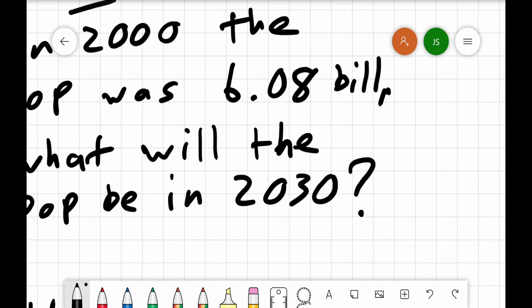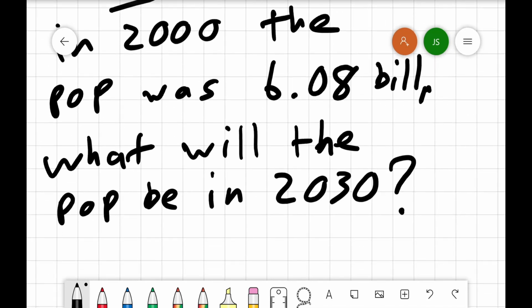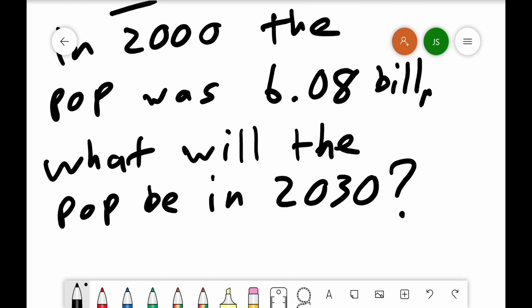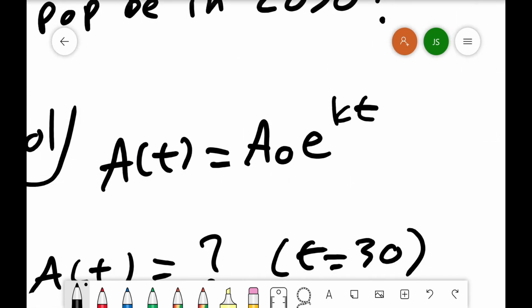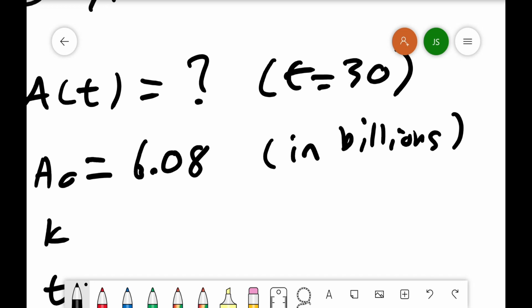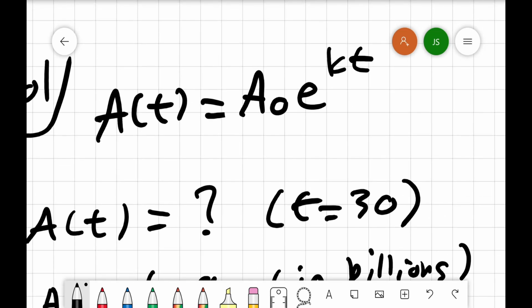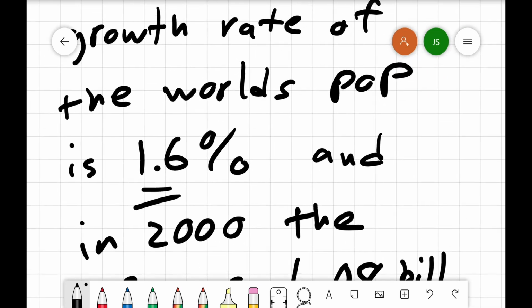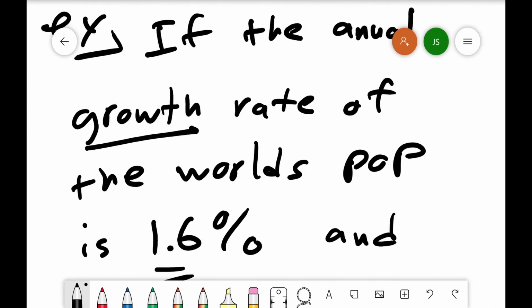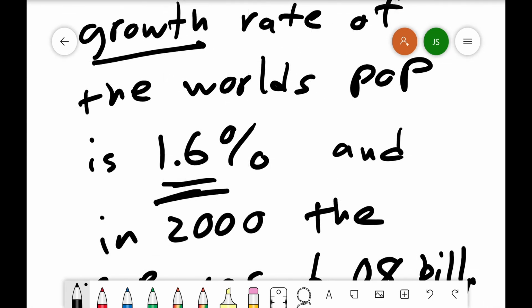So A naught is the initial amount. In 2000, we decided was when time started. So the initial amount was when time starts, and that's 6.08 billion. I don't need to write out all those zeros. This is in billions. K is the growth or decay rate. Now, here you're going to have to see a word that says growth rate and then 1.6%.